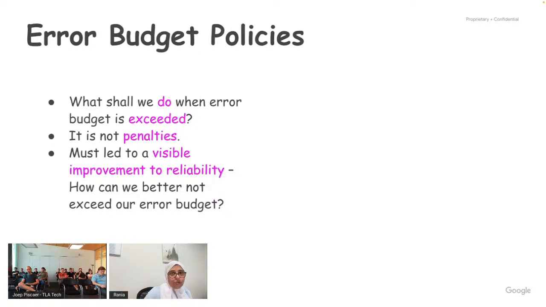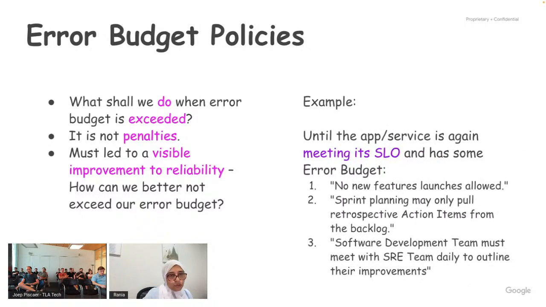Some examples of actions: until I meet the SLO, no more new releases will be implemented, no more sprints focusing on new business services, but the sprints will focus on the retro action items from the backlog rather than new user stories or new services to implement.